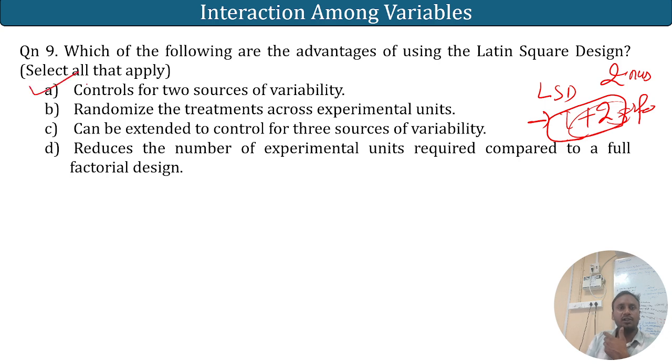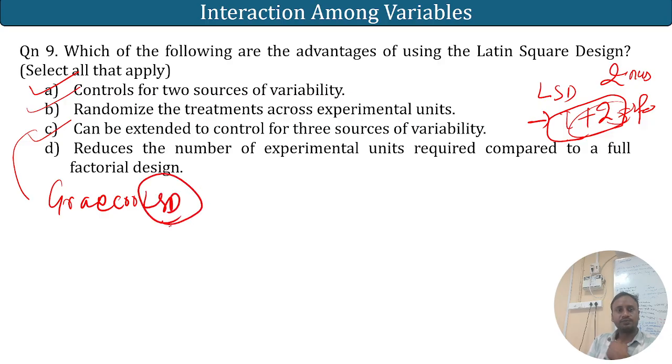Control two sources of variability. Yes. Randomize the treatments across. Yes, they are doing. Can be extended to control for three sources of variability. Yes. How? In the case of Graeco-Latin. LSD reduces the number of experimental units required compared to the full factorial design. Maybe that concept we didn't discuss as such.